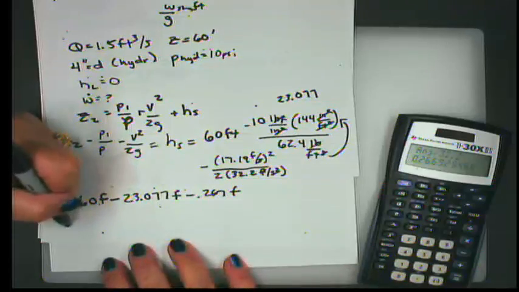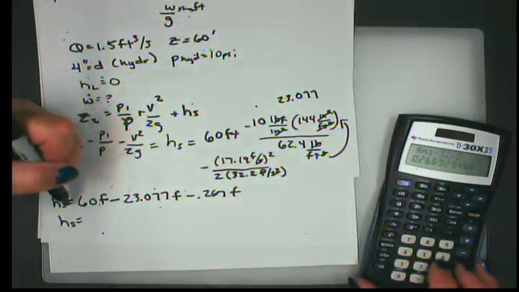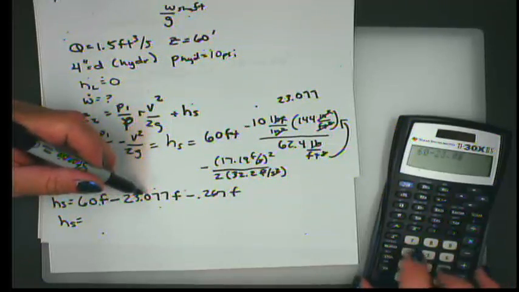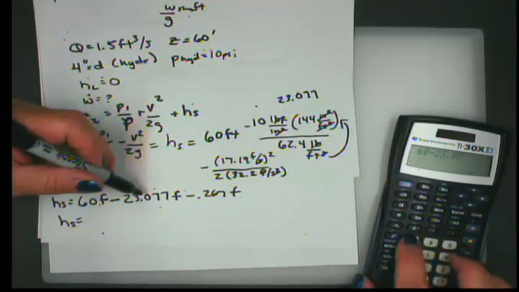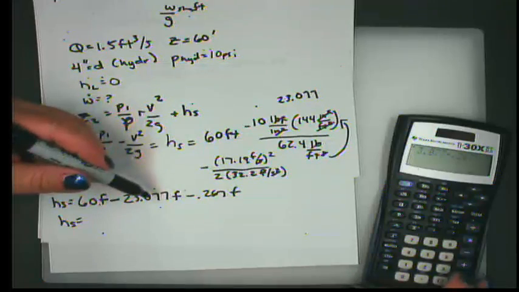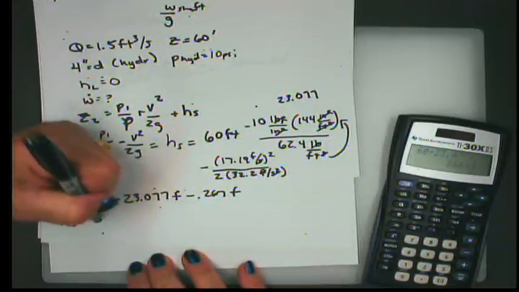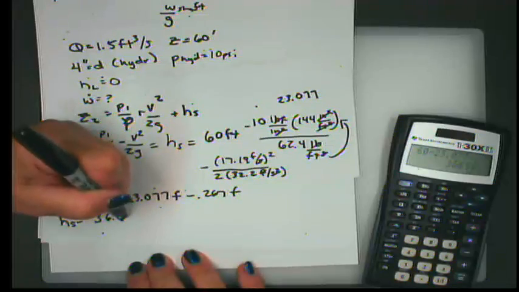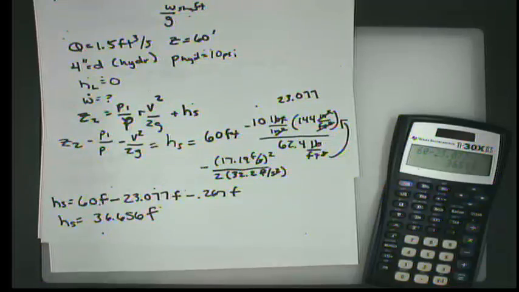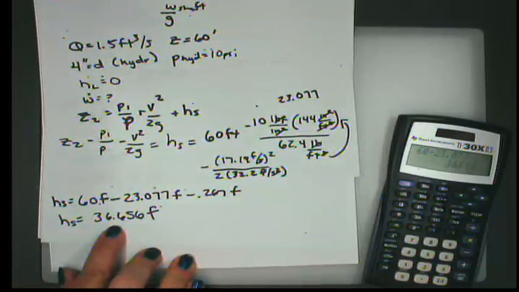So my h sub s, or what I need to add from the pump, is 60 minus 23.077 minus 0.267, and I need a head gain from my pump of 36.656 feet.